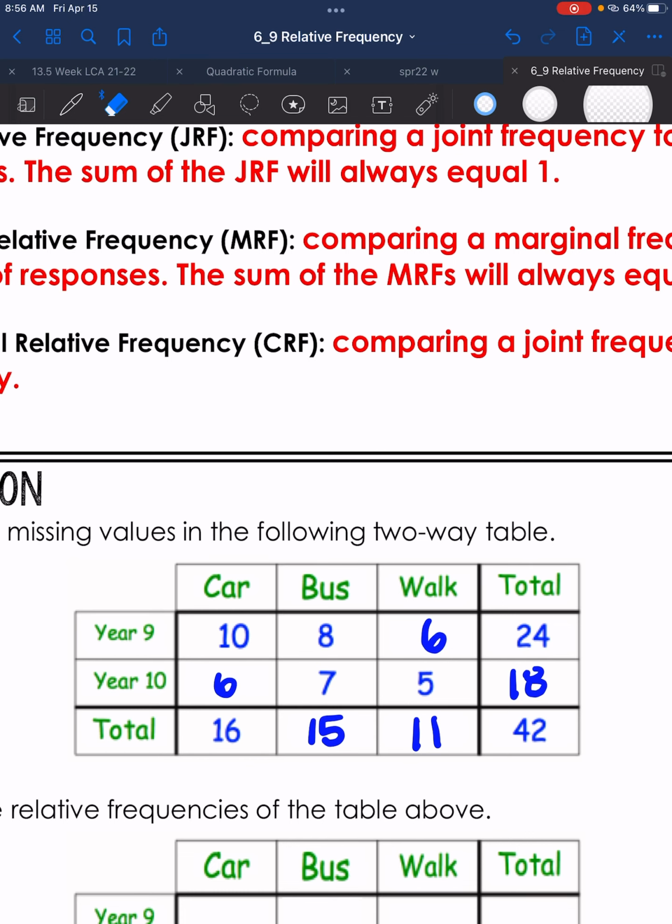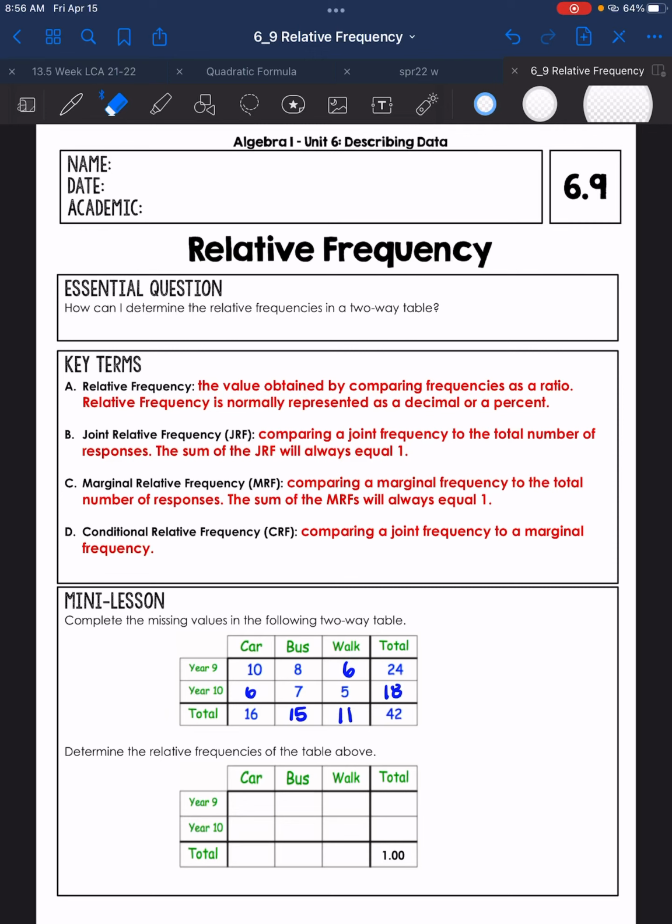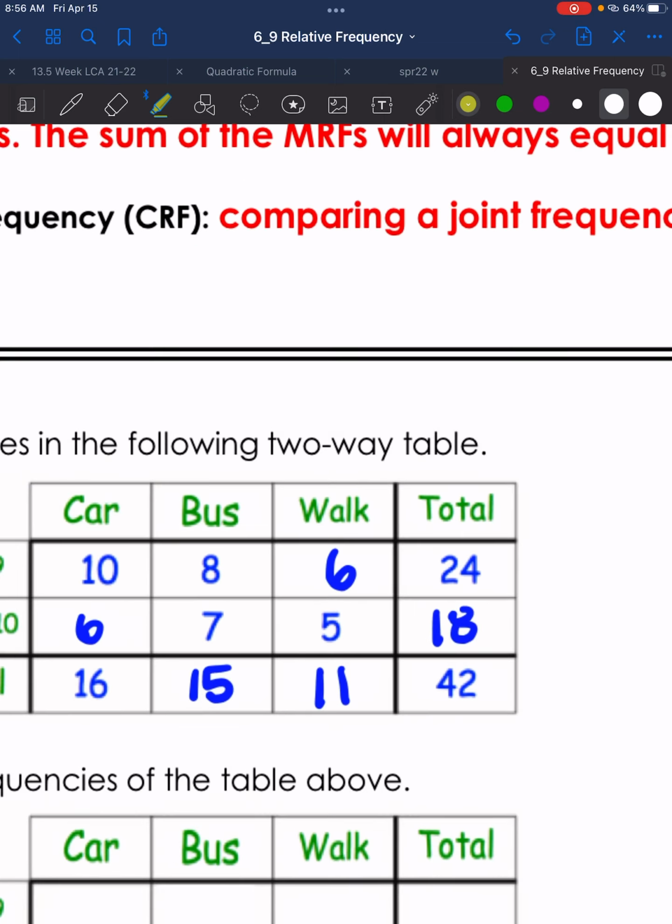All right, now we are going to use that information to help us complete the relative frequency table down here. What's important about relative frequency tables is that they're going to be percentages, like those fractions we did yesterday, and all of these decimals better add up to give me 1, because that's my 100%. To do that, we take each number and divide it by the total amount of people.